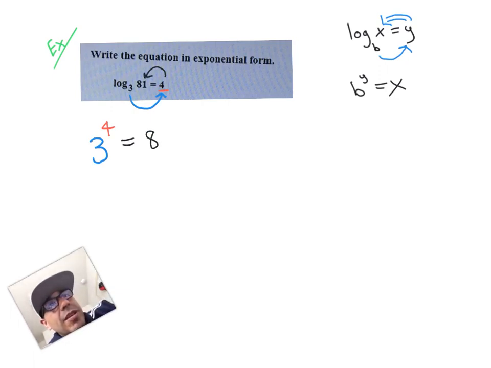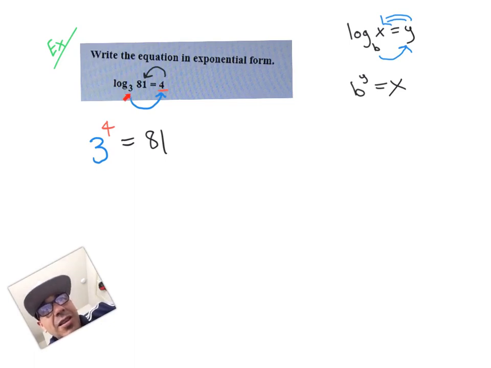So equals 81. Whenever they give us logarithmic form, by definition, it's equivalent to the base raised to the exponent, and it's always equal to the argument. Let's read this in a different way.